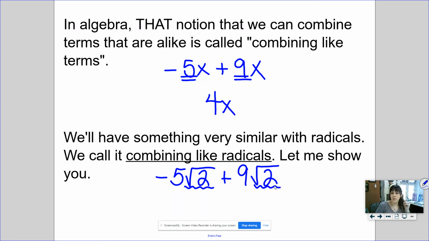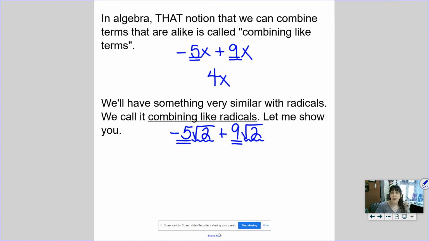They both have a square root of 2. That makes them alike. Now you're going to take the numbers in front, these are called coefficients, and you would add those numbers together, which gives you 4, and you would bring down your like radical, and that would give your whole answer. So 4 radical 2 would be what you would get if you added those two radicals together.